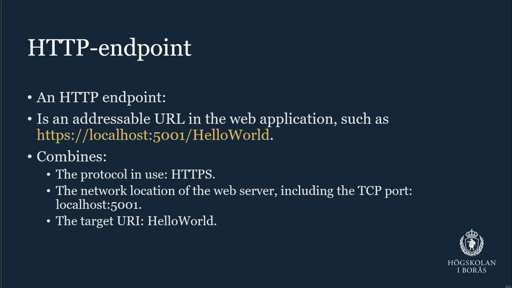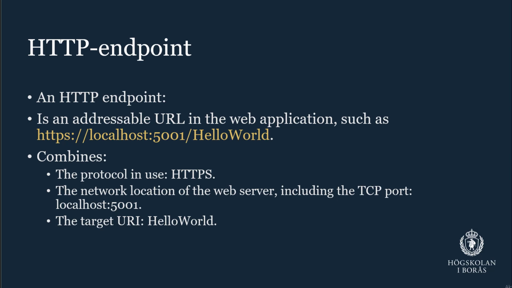So an HTTP endpoint is an addressable URL in the web application, such as this example we see here, which is stating HTTPS localhost with the port number 5001 and a /helloworld.